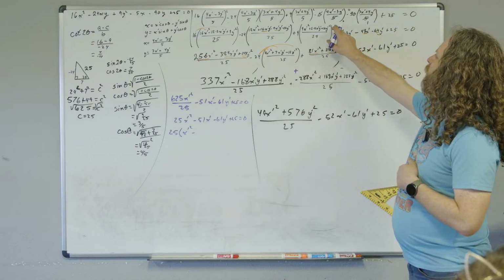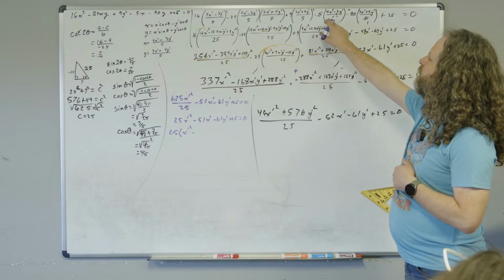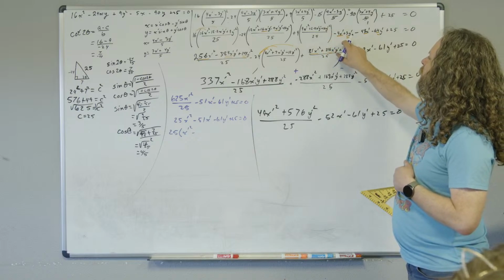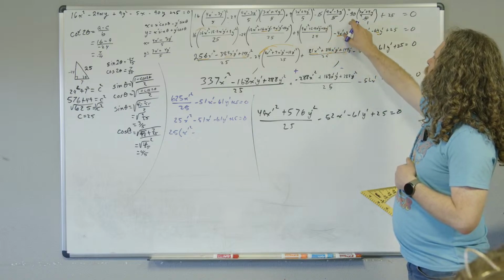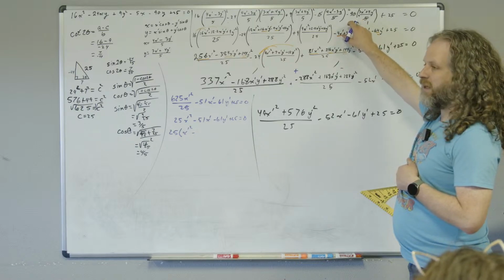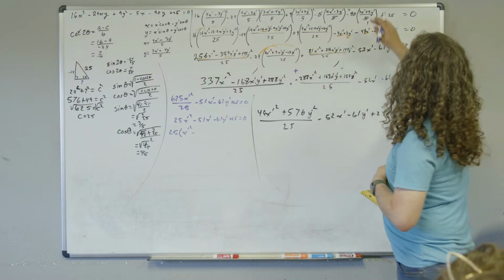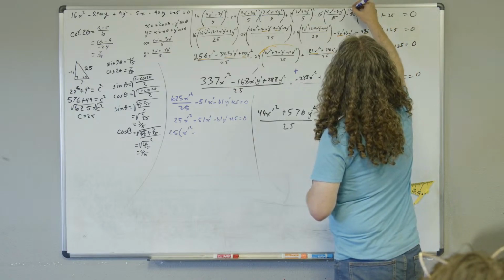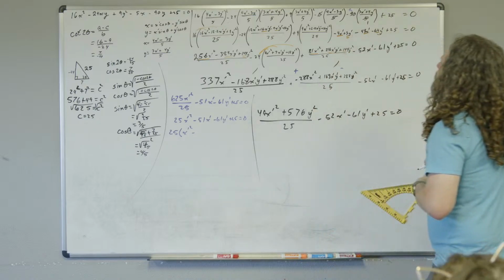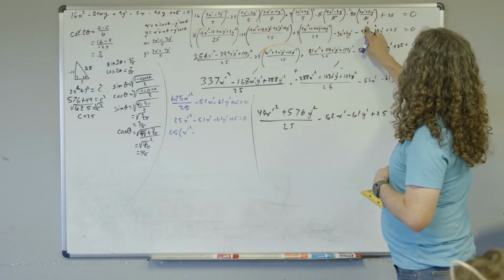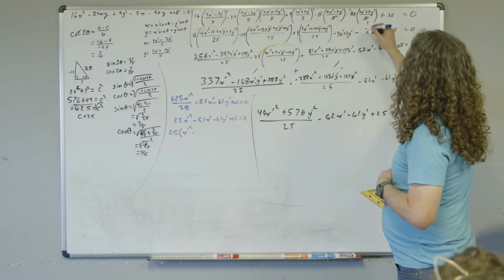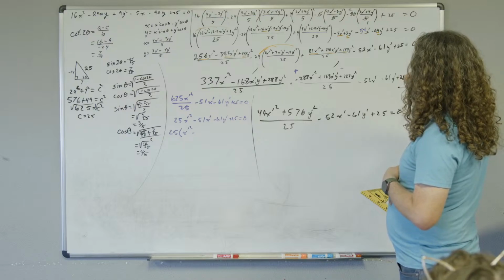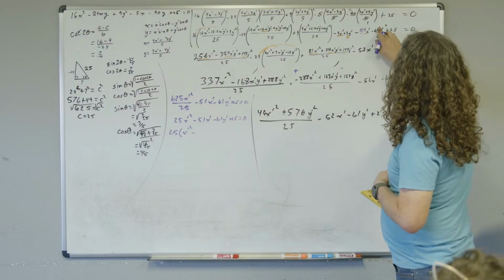All right, so the 5 just cancels on this one. We distribute a negative. Turn this minus and this plus. 5 goes into 90 18 times. So negative 18 times 3 is negative 54, and negative 18 times 4 is negative 72.